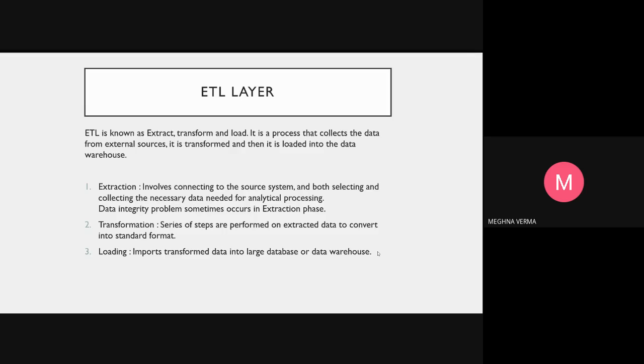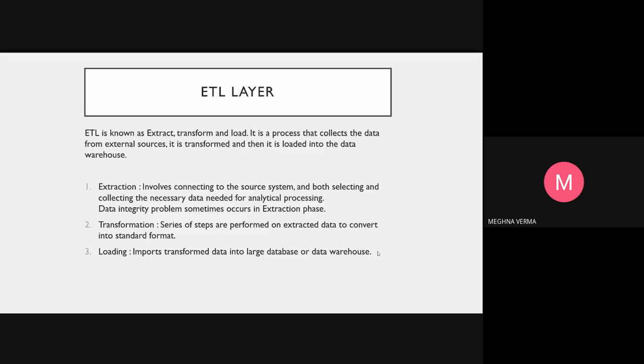Now, many times an integrity problem may arise in the extraction phase. Integrity problems mean there may be two data items with different names but the same meaning. For example, the BTech degree and BE degree usually mean the same, but the names are different. In that case, an integrity problem may occur. The next is transformation.